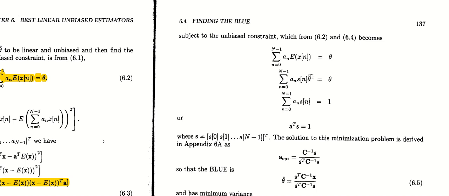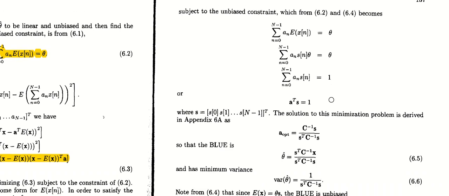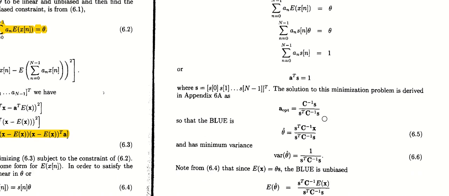This is also the unbiased constraint. Then the summation of a_n s_n is equal to 1, or in vector form, a^T s equals 1.